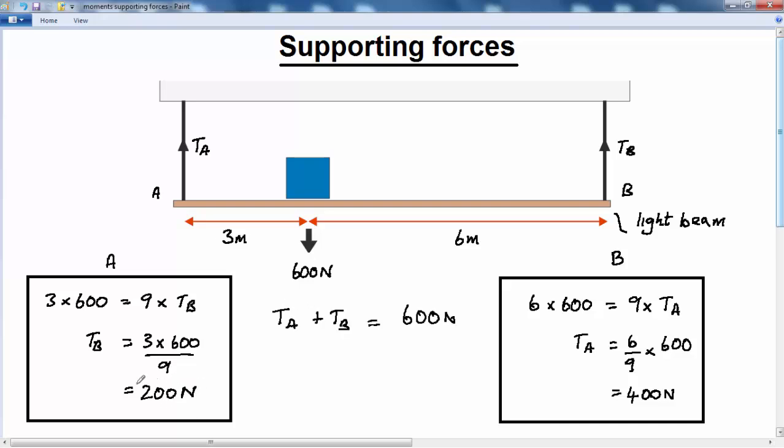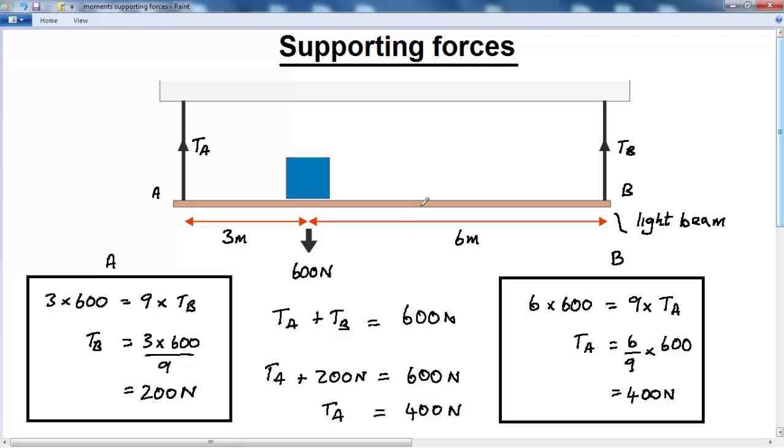So having first calculated TB to be 200 newtons, then all we really need to do is plug it into this equation. So we would have TA plus 200 newtons is equal to 600 newtons. Again, that would give us that TA is equal to 400 newtons, which is what we'd expect.